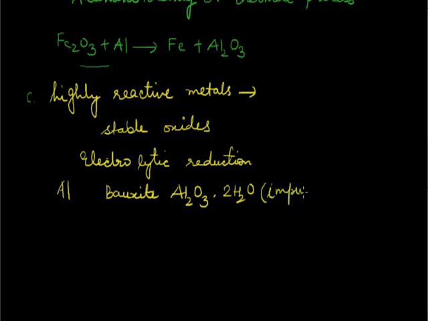Once it is concentrated, it converts into pure Al2O3. And pure Al2O3 is called alumina. So electrolytic reduction is carried out of alumina, not of bauxite. We always say electrolytic reduction of alumina and not electrolytic reduction of bauxite because bauxite is impure, and once we concentrate it, it converts into pure Al2O3, which is called alumina.